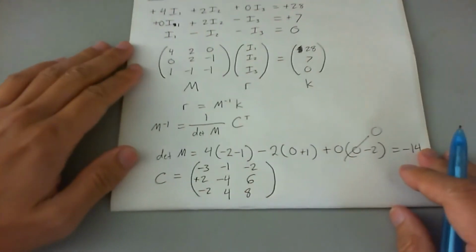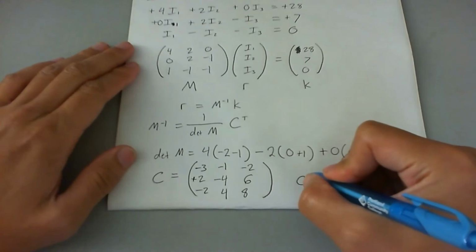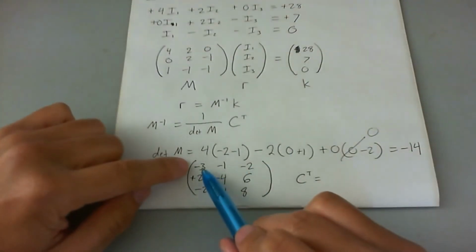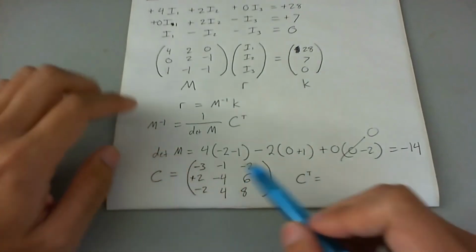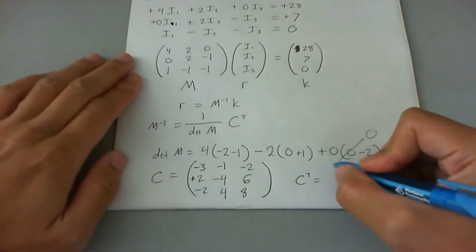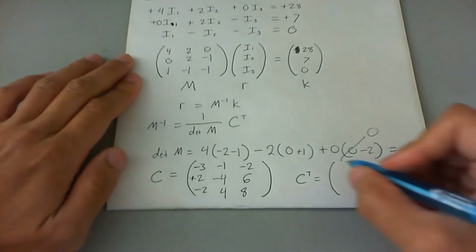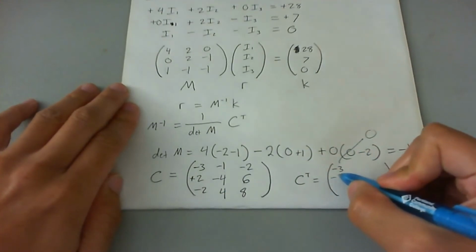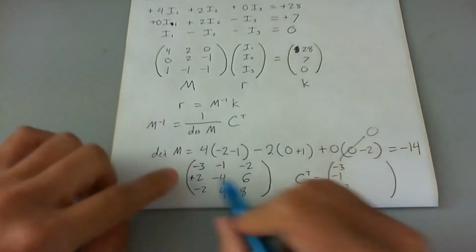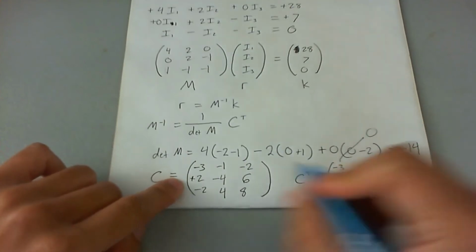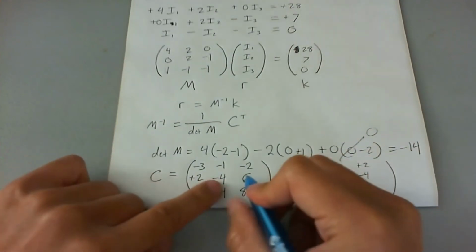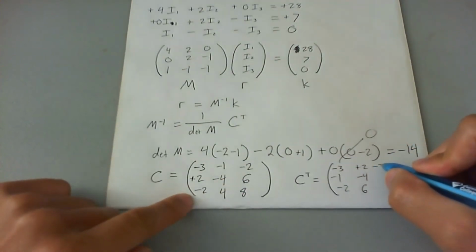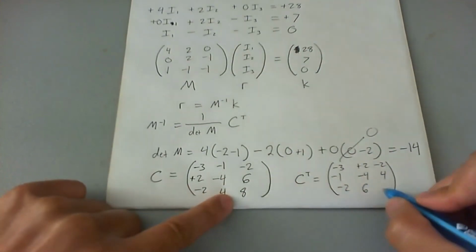And lastly, the transpose of this matrix of cofactors is where the row becomes column and the column becomes row. So the first row becomes the first column, and the first column becomes the first row. So it's just going to be -3, -1, -2, then 2, -4, 6, and then -2, 4, 8.